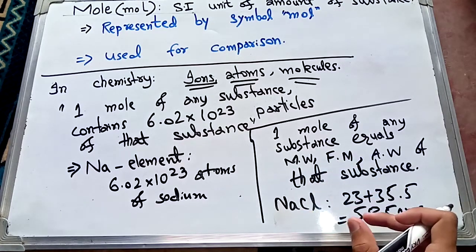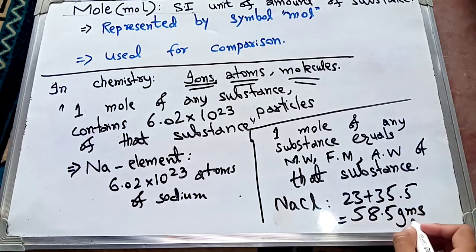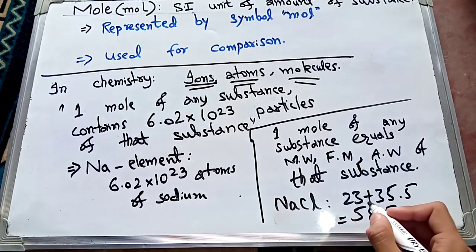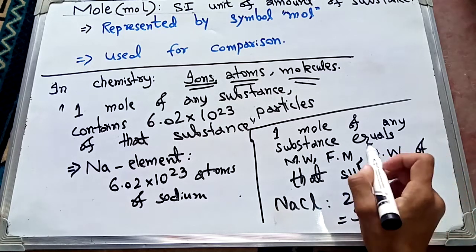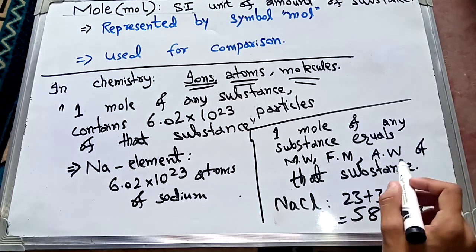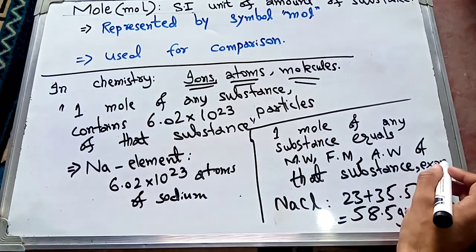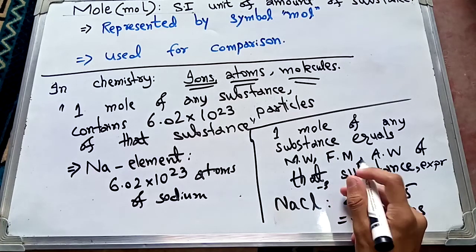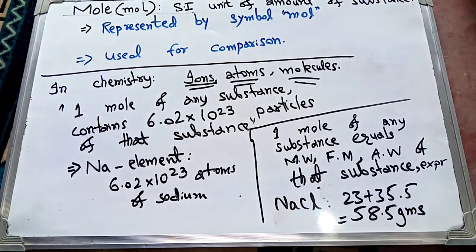Okay, and since this is the formula weight of this NaCl sample expressed in grams, let me include one more thing. 1 mole of any substance equals molecular weight, formula mass, atomic weight of that substance expressed in grams.